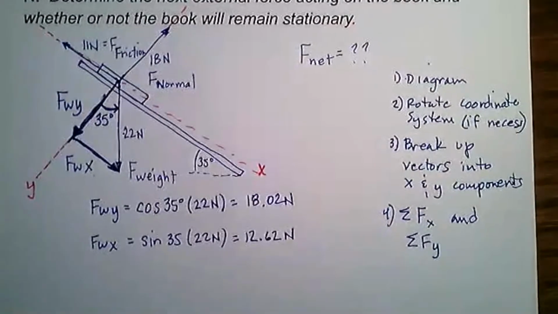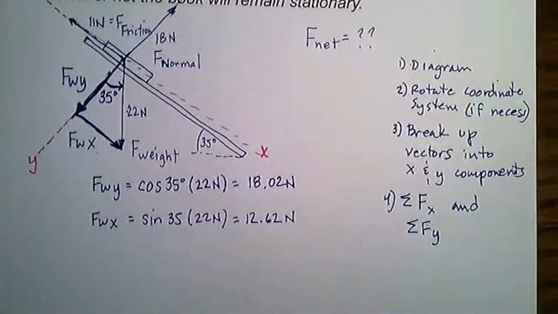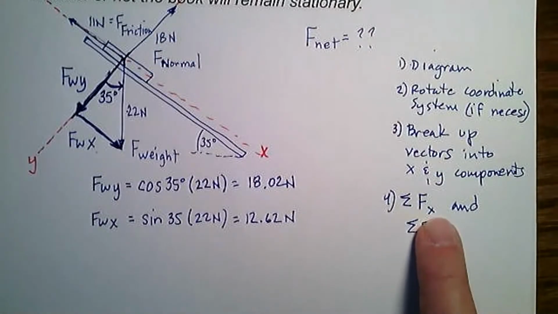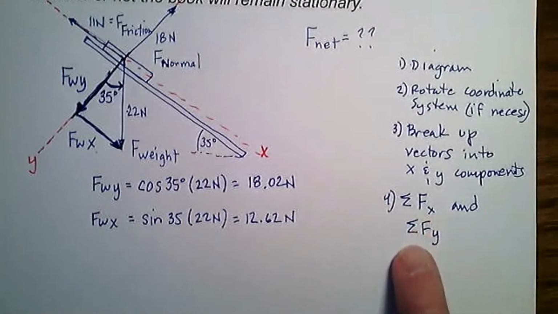So again, you guys may not remember what the symbol is, but this is sigma, and it simply means you are adding all the forces that are in the X direction, you're adding all the forces here that are in the Y.